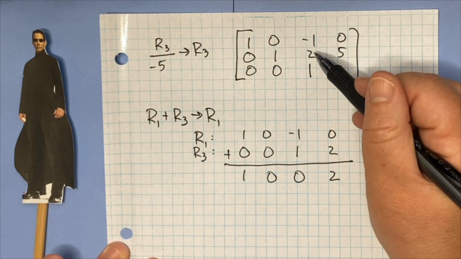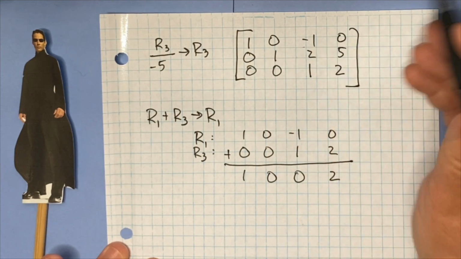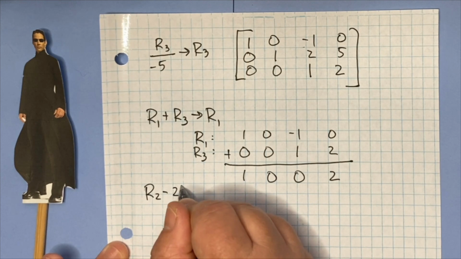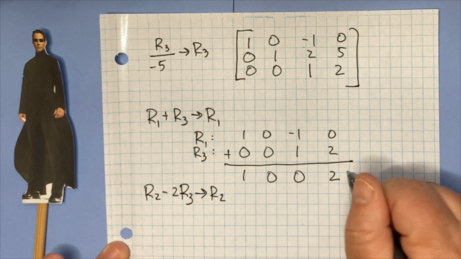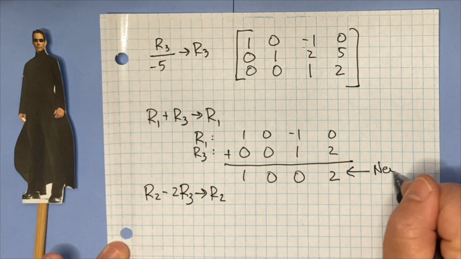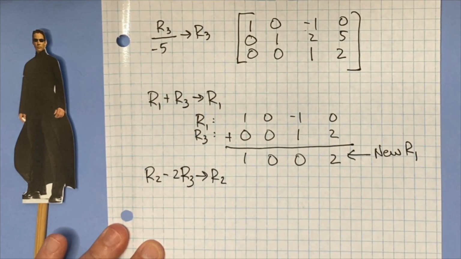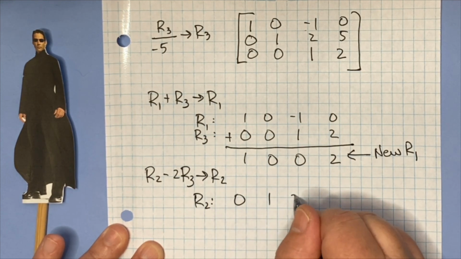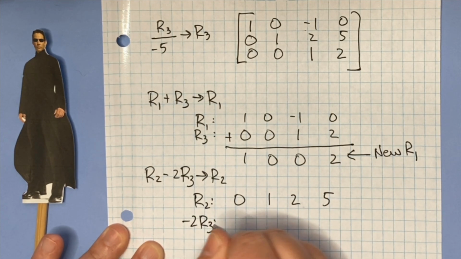Now I need to get rid of this 2 in row 2. So I'm going to say row 2 minus 2 row 3 and put that back in row 2. Sorry, I didn't write this in. This is new row 1. And then I'm going to take row 2, 0, 1, 2, 5, and subtract 2 times row 3.